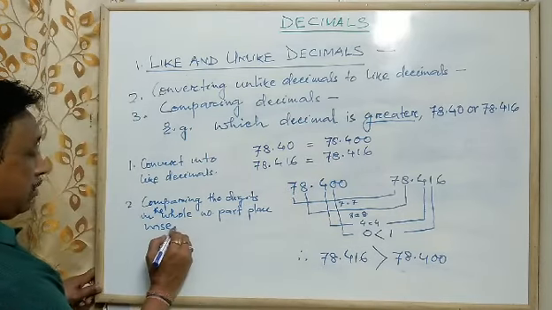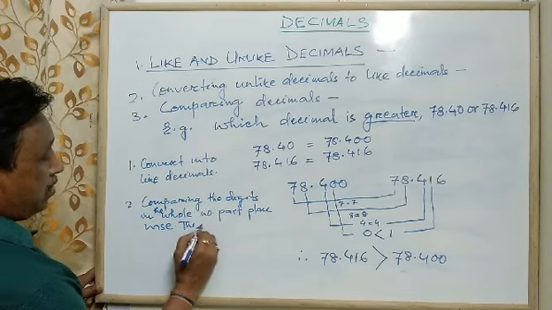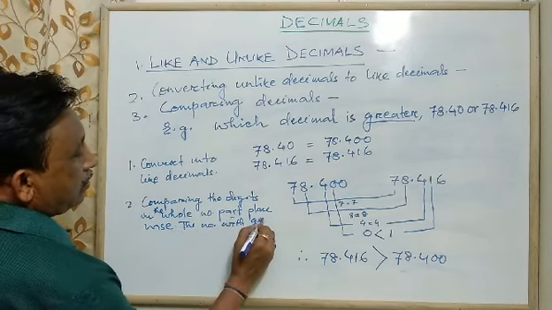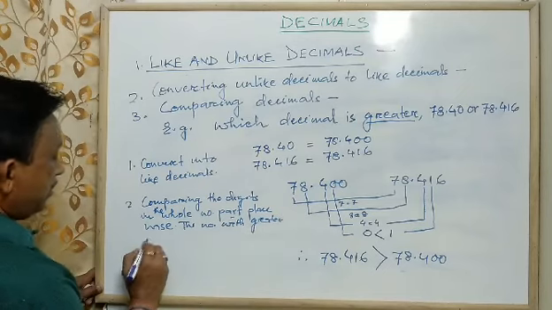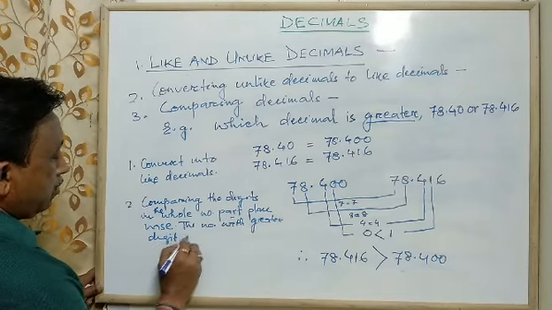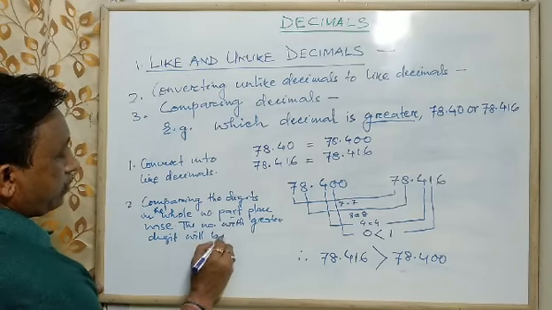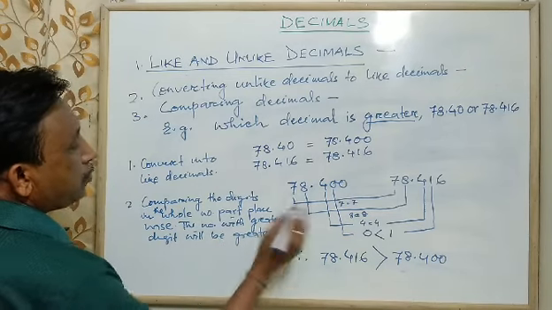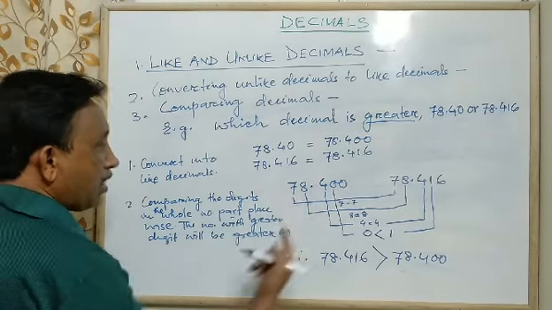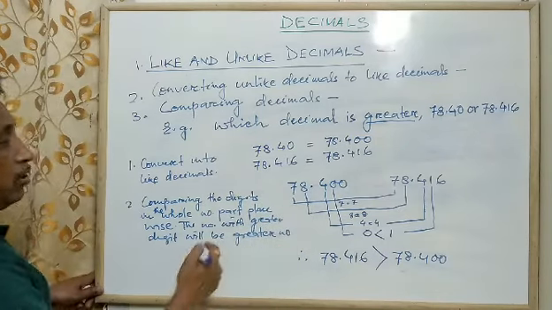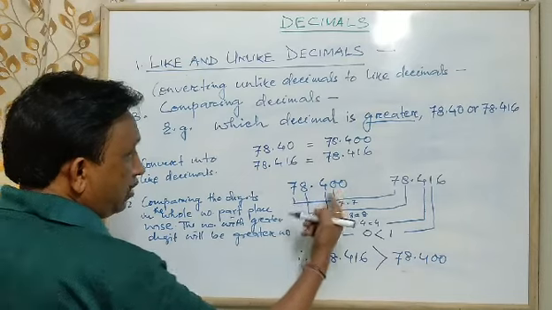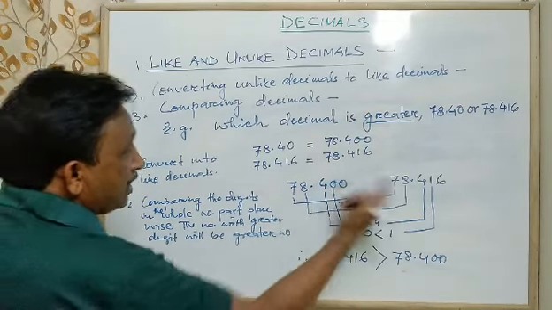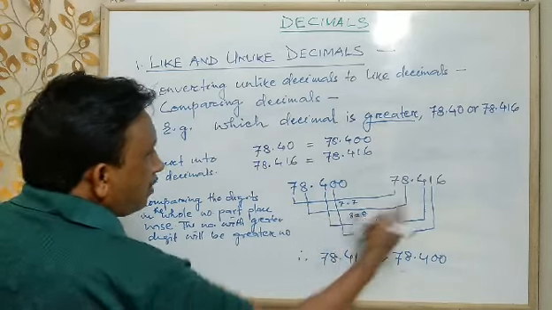The number with the greater digit will be the greater number. Now suppose the whole number part is the same, as it has happened here, we will keep continuing to compare the digits in the place value after the decimal also. We'll keep on continuing this.